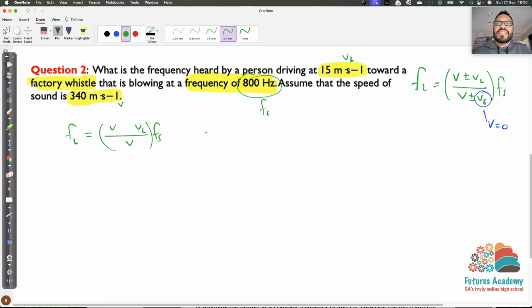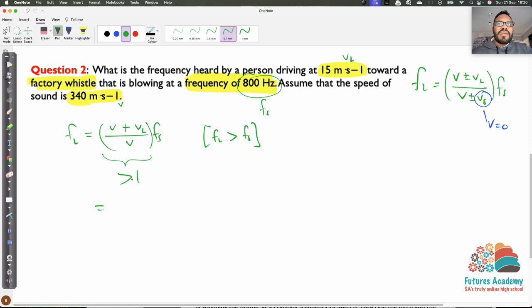Now, in this case, I need the frequency of the listener to be greater than the frequency of the source, and if the frequency of the listener is going to be greater than the frequency of the source, then I need my fraction to be bigger than 1. Okay, because I want a number in here larger than 1. So if this needs to be larger than 1, the numerator must be a plus, so that I have the top bigger than the bottom. And what's that going to give me?